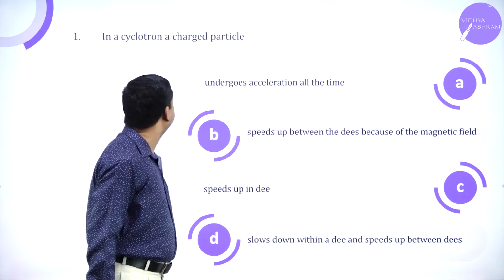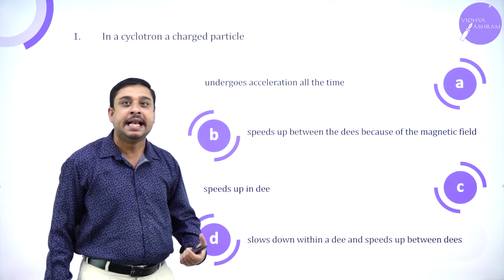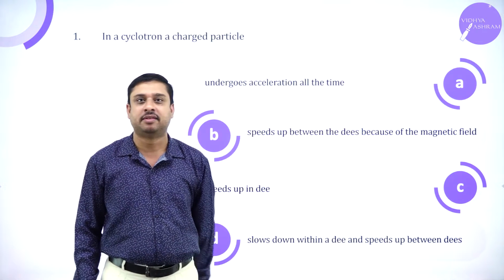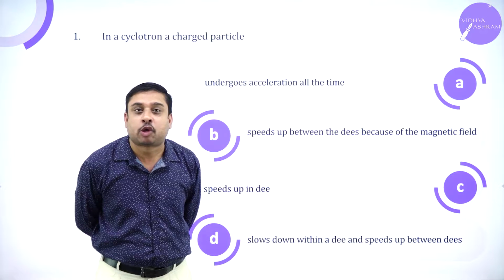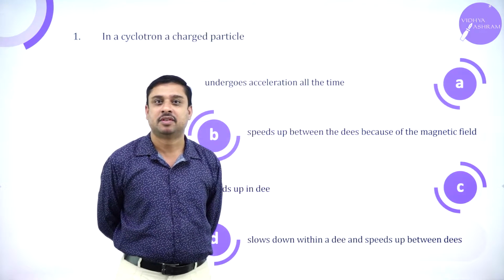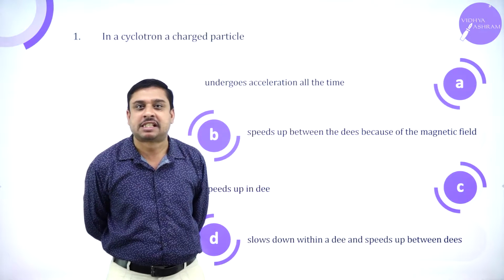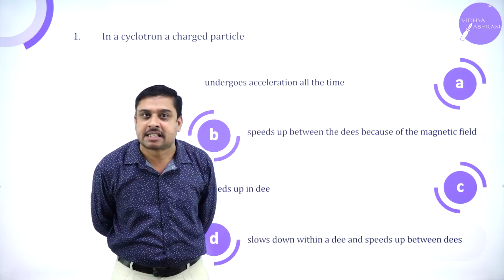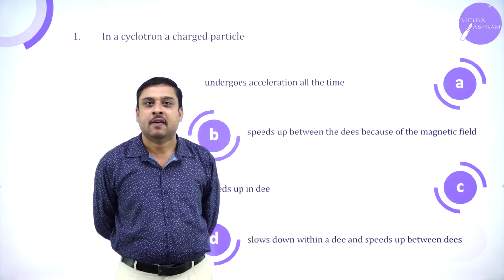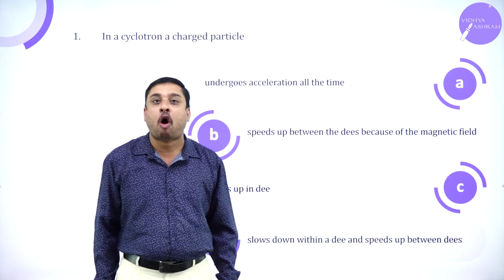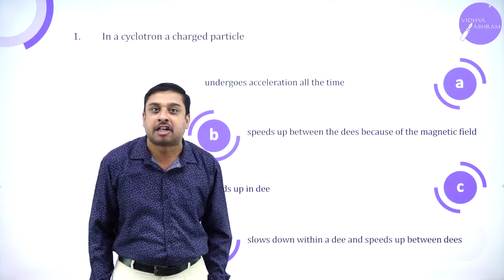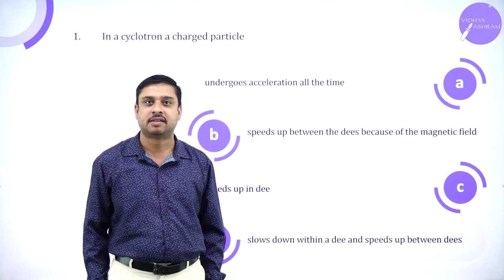The first question: in a cyclotron. All of us have studied about a cyclotron, which is used to accelerate positively charged particles.